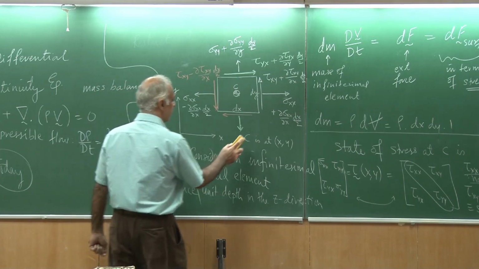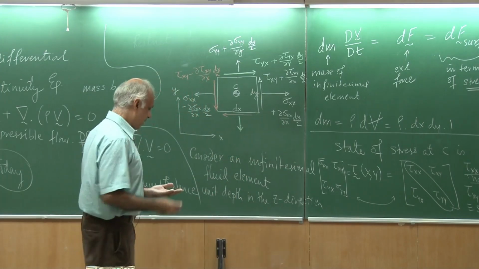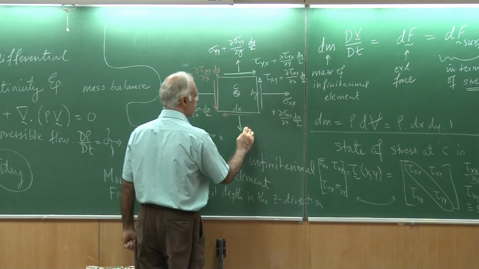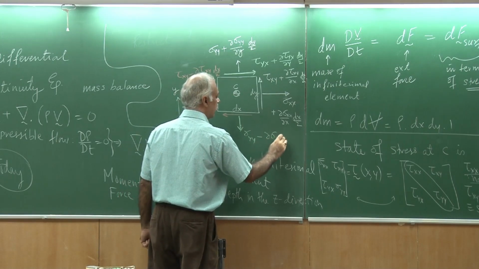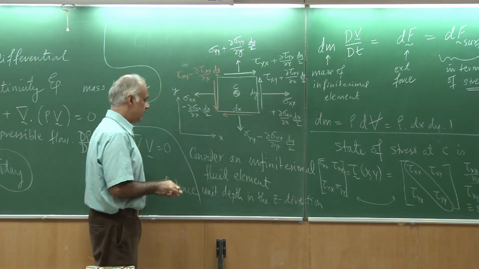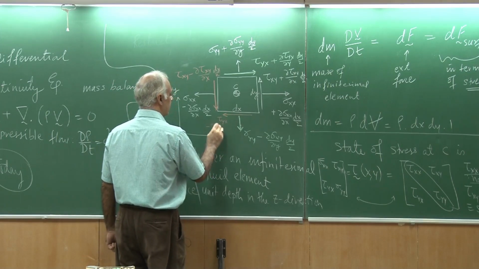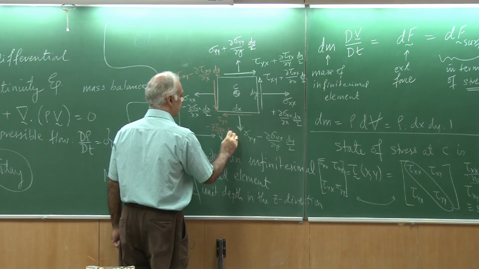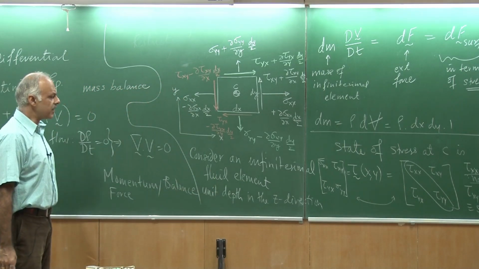Let me finish writing that, and then we can try to do a balance. I'll write the normal in the green color. So this would be sigma yy minus del sigma yy by del y dy by 2, and this shear here is tau yx minus del tau yx by del y dy by 2. Great. So we are all set.